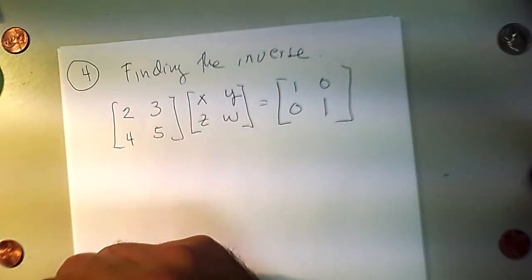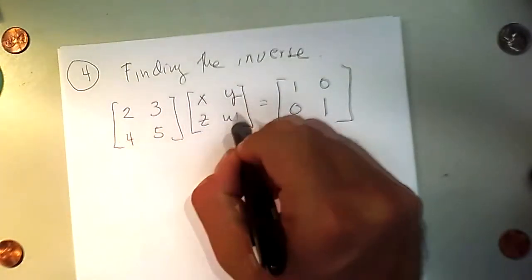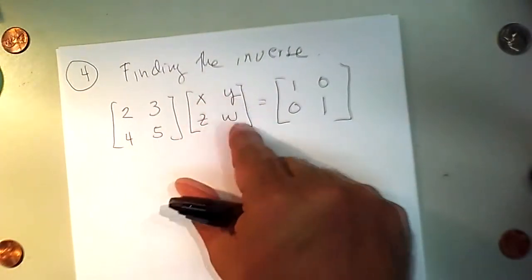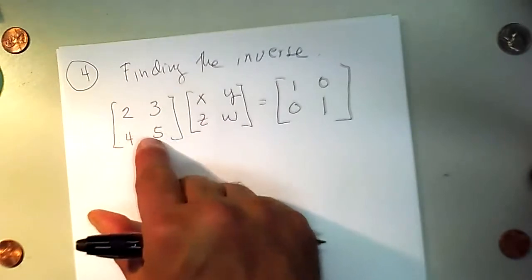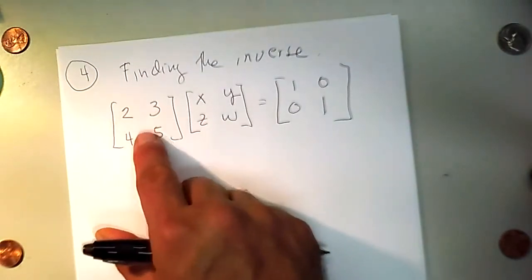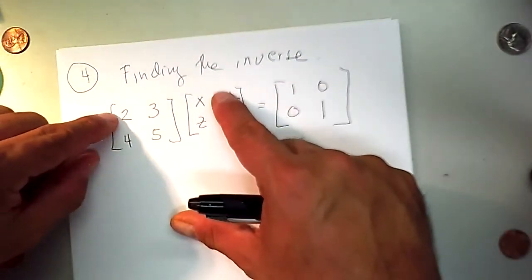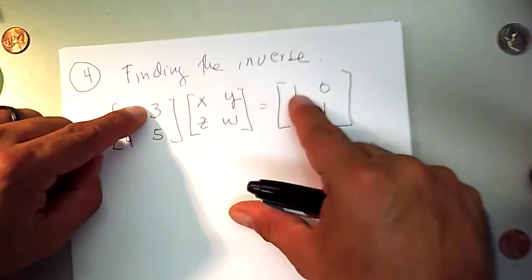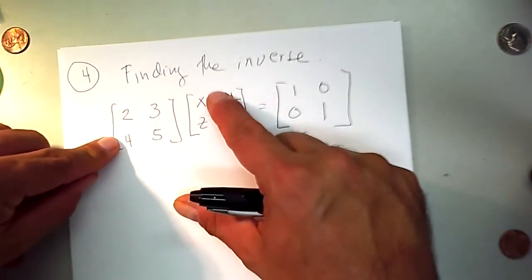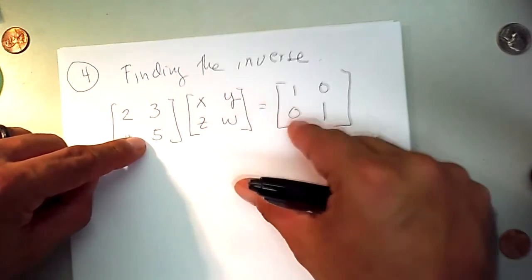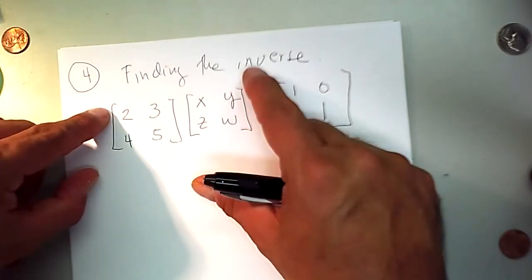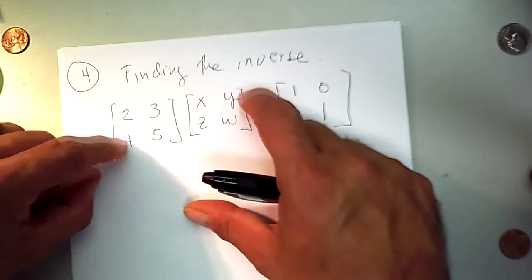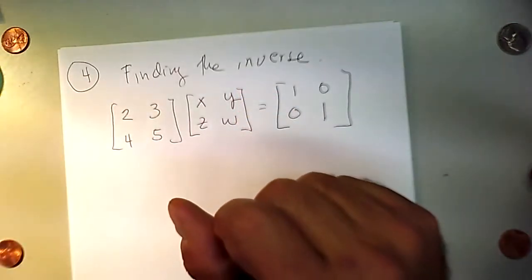Now these are 4 unknowns, x, y, z, and w, and there's going to be 4 equations because we're going to multiply: 2x plus 3z equals 1, and then 4x plus 5z equals 0, and then the same kind of thing with y and w.